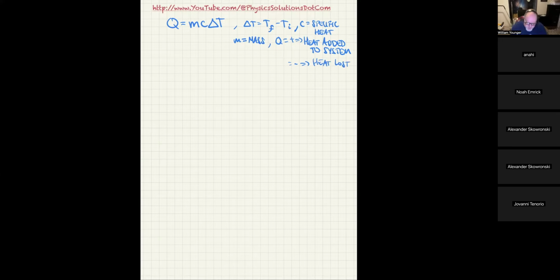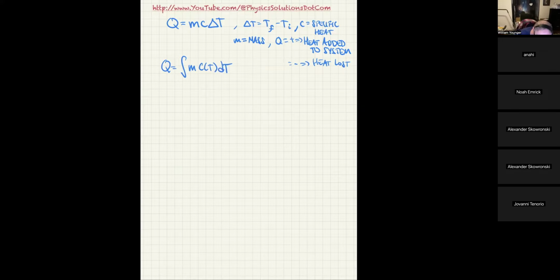Additionally, if you have multiple values of specific heat for various temperature ranges, or if you're lucky enough to literally have a formula for the specific heat as a function of temperature, then you can also use Q is equal to the integral of m times C of T dT, like that.